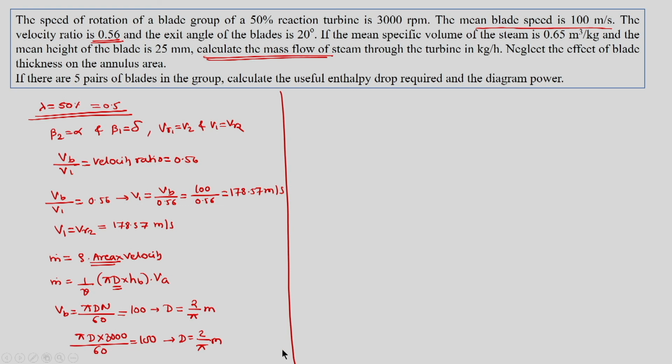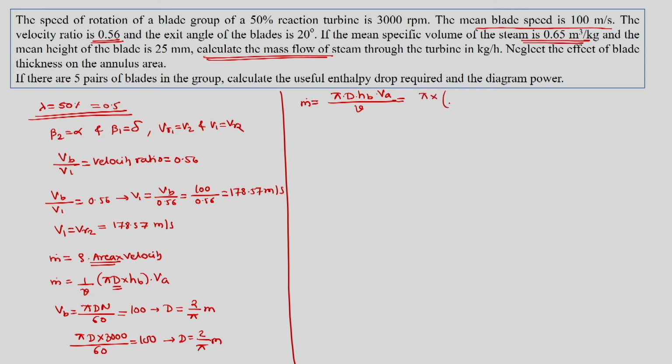Having said this, we proceed to find m dot, which is equal to pi into D into hb into Va divided by the specific volume, and that specific volume is given as 0.65.